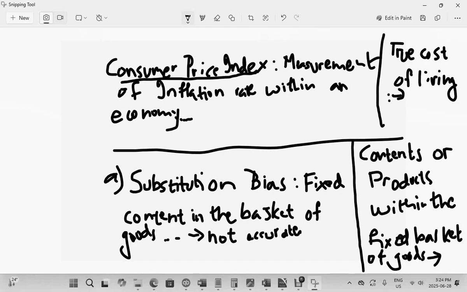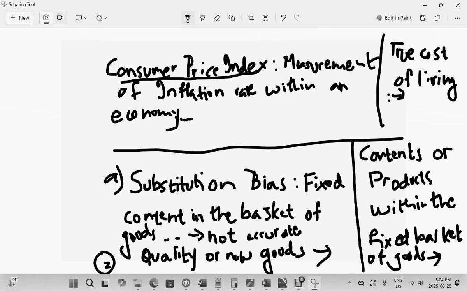And the second bias that they talk about has to do with quality or new goods bias. This bias has to do with inventions and innovations.